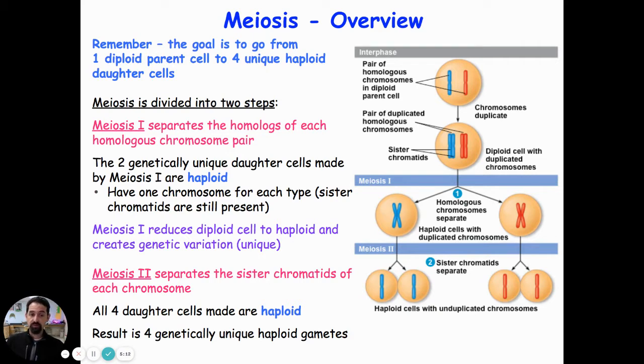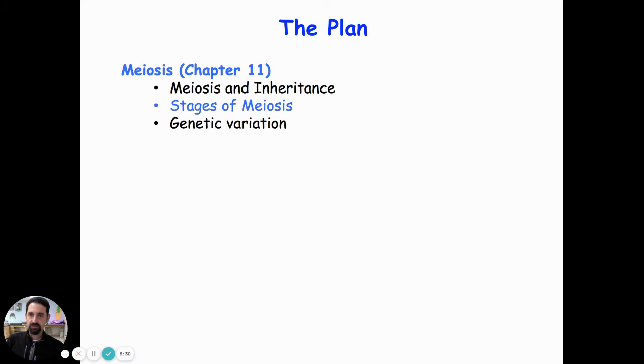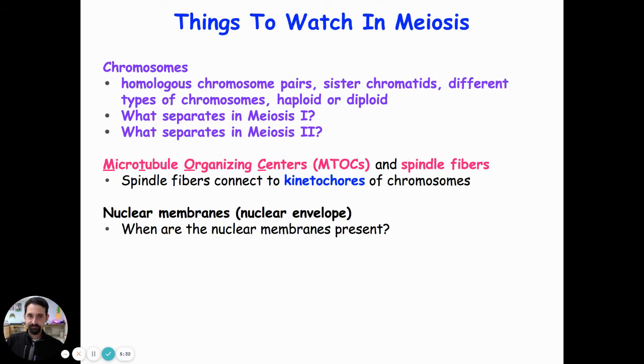Those are separated during meiosis 1. And then during meiosis 2, those sister chromatids are separated. Those copies that are linked together at the kinetochore that we talked about earlier, with the MTOC and all that other stuff.